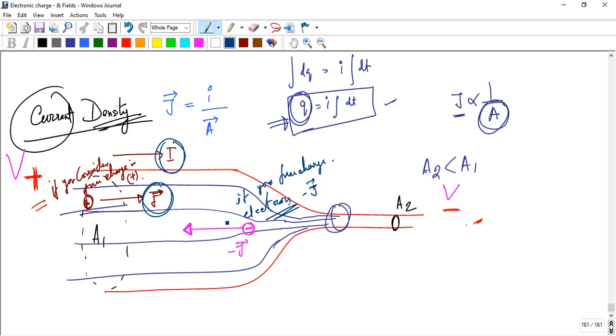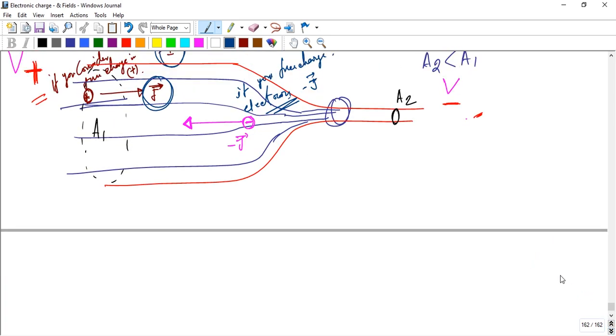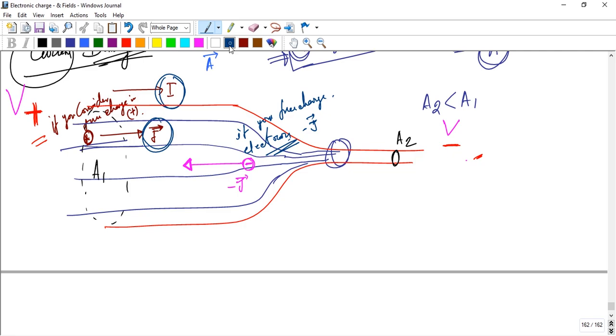Okay, if you consider a small amount of area, called delta A, then I equals J dot delta A. If I consider both in the same direction, cos 0 is 1, so J times dA is the current.